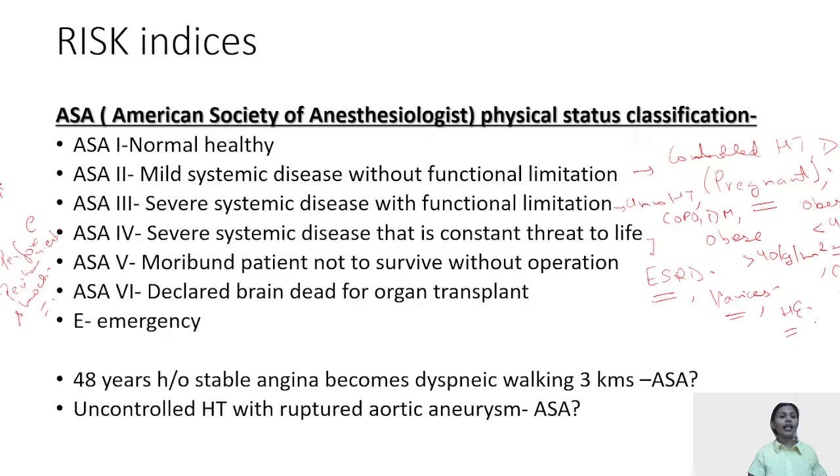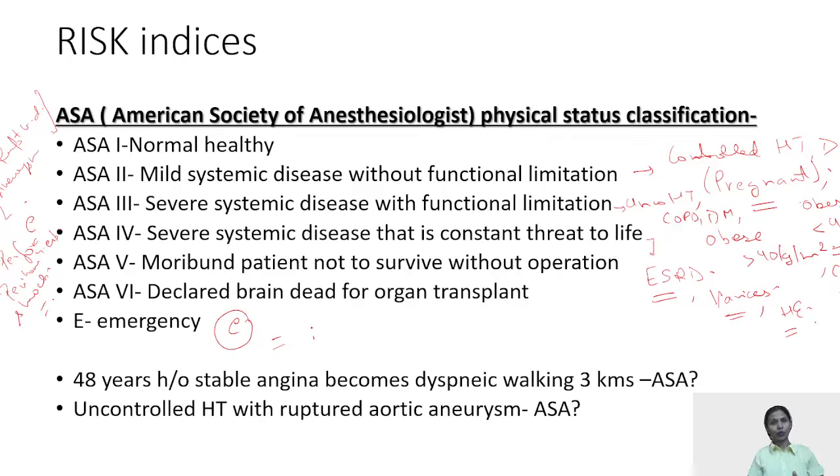Or the patient with ruptured aneurysm, again a moribund patient, and a condition, if not operated, the patient is not going to survive. And sixth is brain dead patient, and the patient is only for organ transplantation. And if it is an emergency, then we add the alphabet E to that ASA grade.